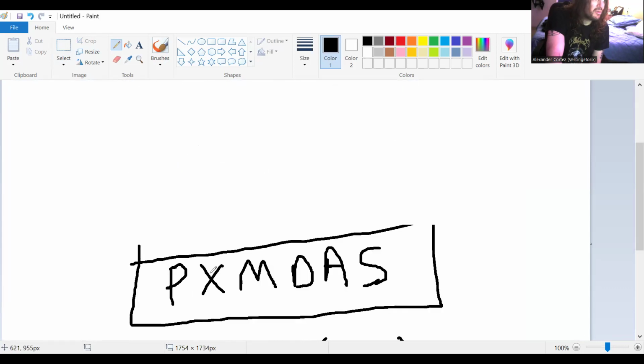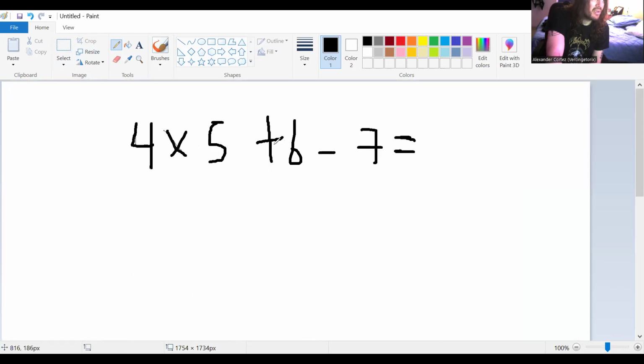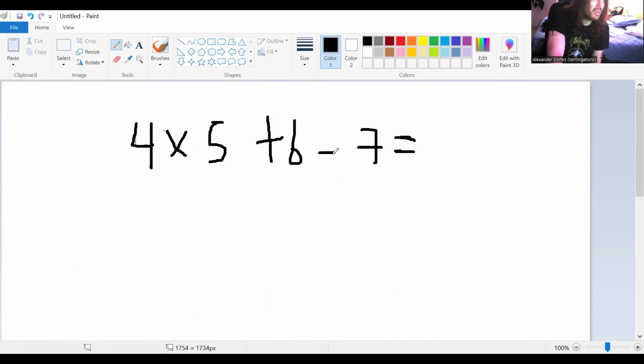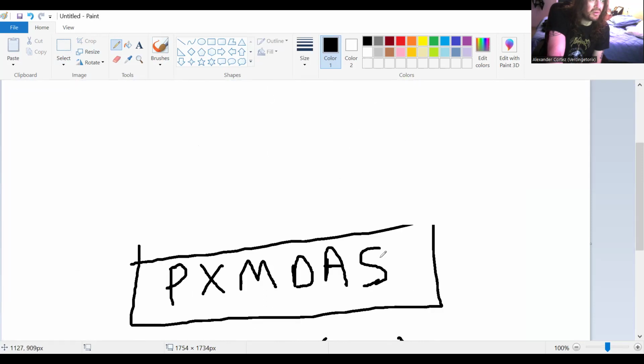So first you would do the multiplication, right? You're not going to do the addition, which is the A, or the subtraction, which is the very last. You're going to do parentheses, multiplication.